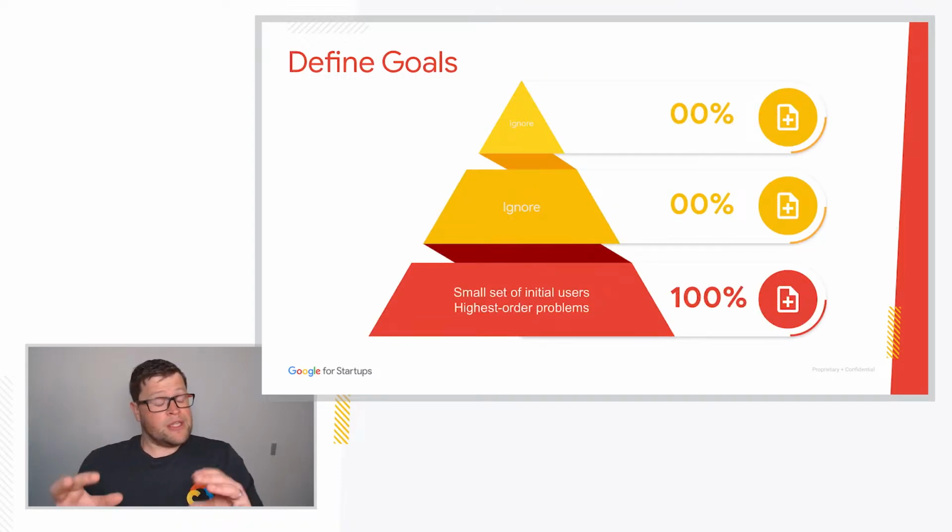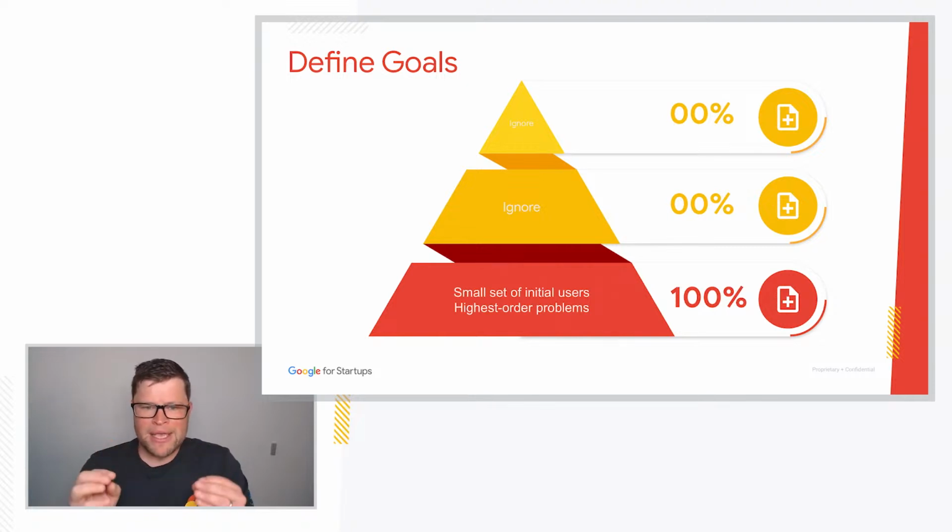What you're going to do is, with the users that you've discussed and found out who they should be, you're going to focus on a small set of those, and you're going to drill down into their highest order problem.